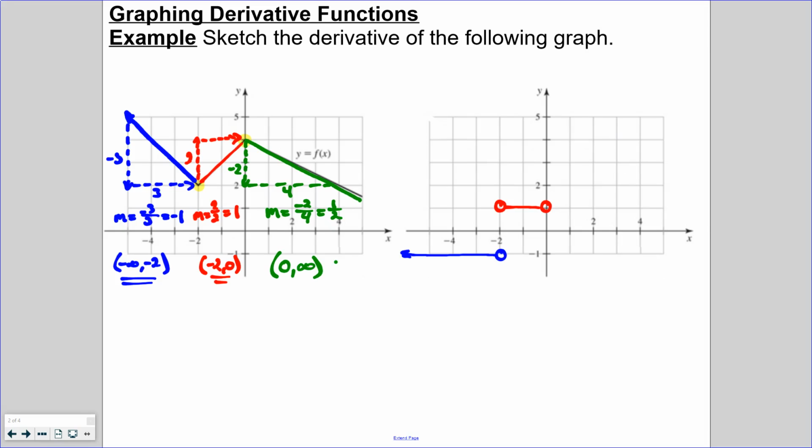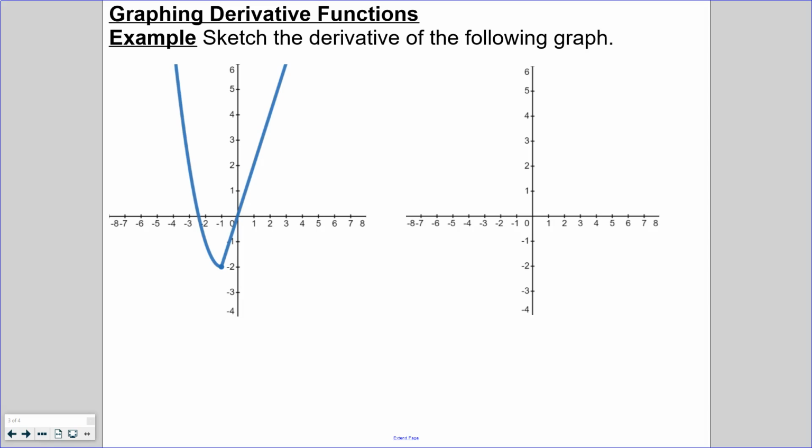So again, at x equals 0, the derivative does not exist, so we need an open circle there at -1/2, and it'll be -1/2 from 0 to infinity. And there you have it. We have just sketched the derivative of the function given.